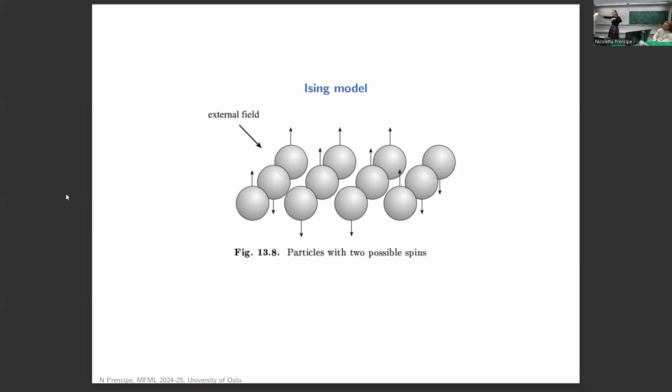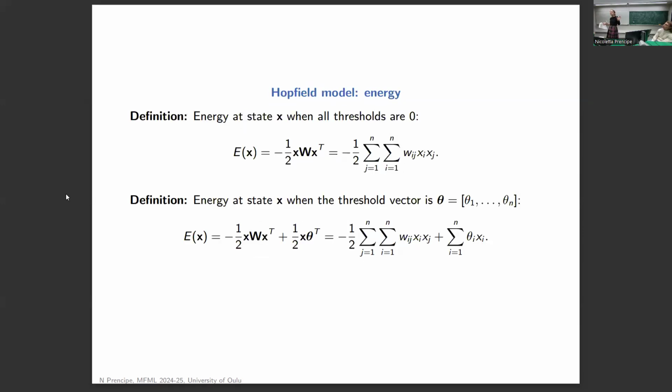And you can say that the weights are the way the particles interact with each other, and the thresholds are the magnetic field. So if you go to the energy, the second equation of the energy, there is a way of gluing it to the equation in a ferromagnetic material.